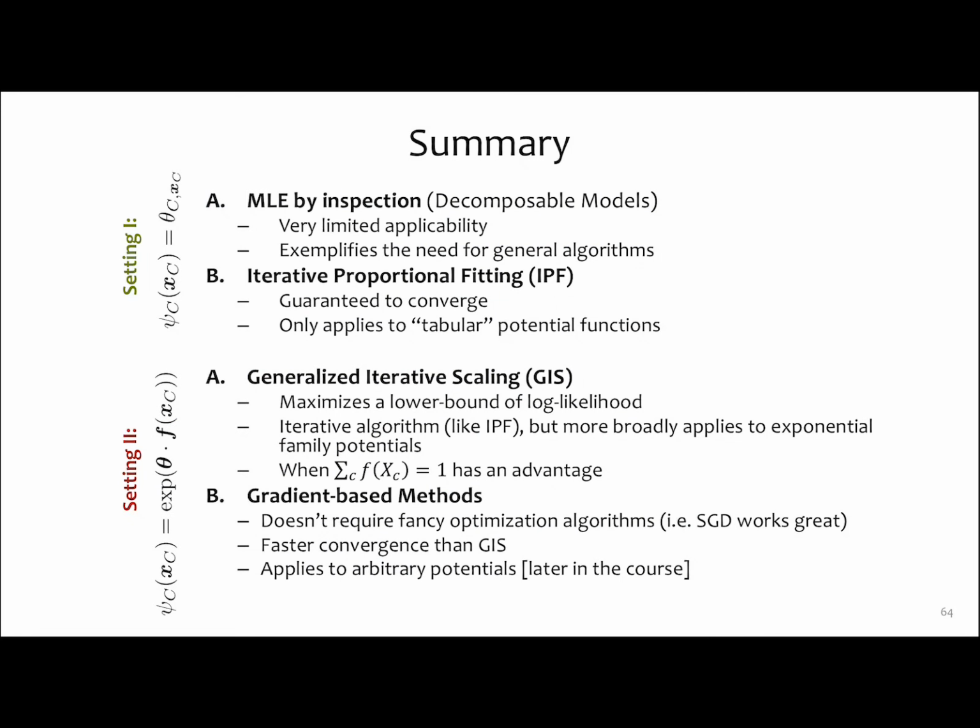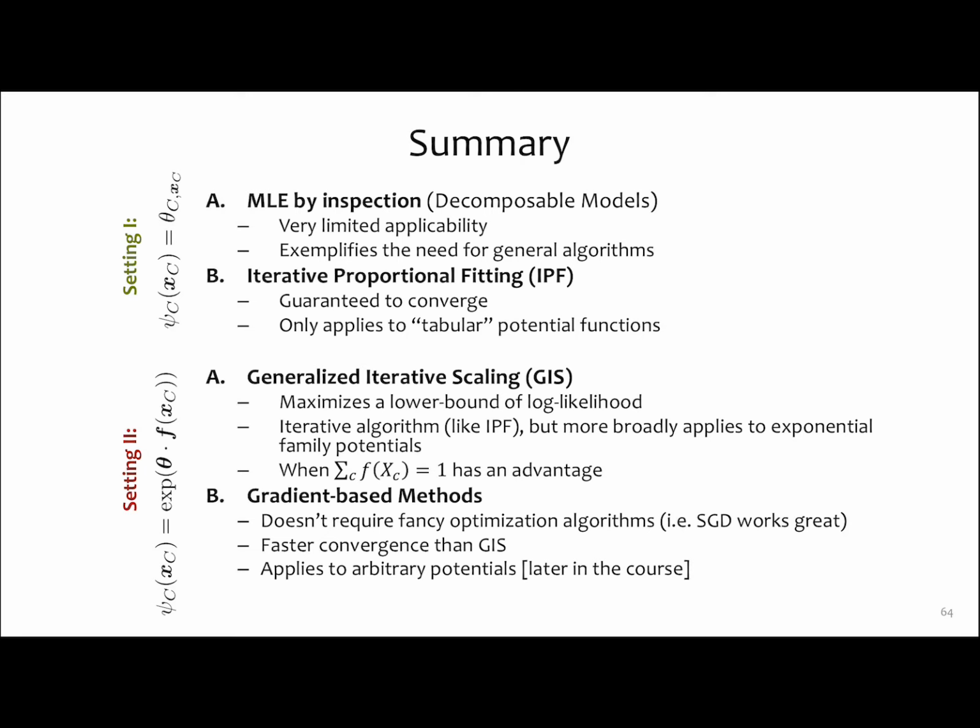All right, so I think I managed to finish it. We talked about two settings, setting 1 and setting 2. In setting 1, we focus only on discrete random variables, the tabular case. I showed you a nice class of graphs which were decomposable, where you don't need to do any inference: compute empirical, match them, and you're done. I also talked about the class of graphs which are not decomposable, but you can use this fixed point idea and solve it.